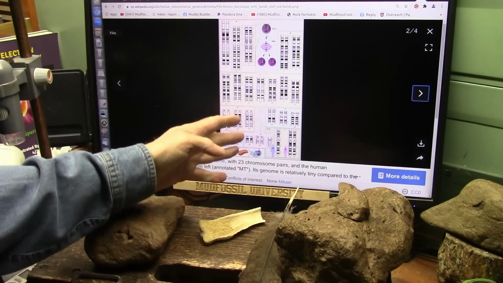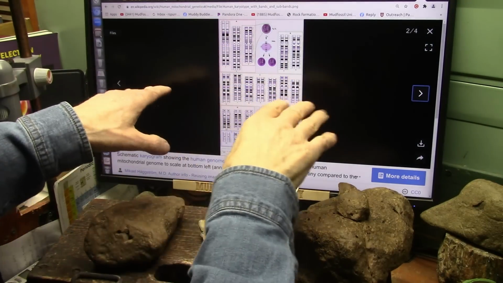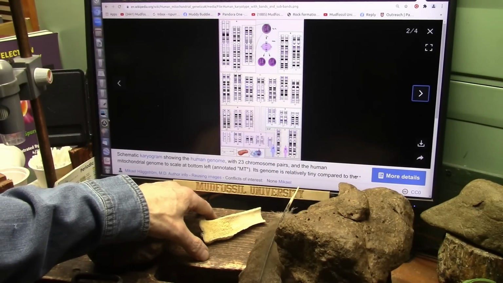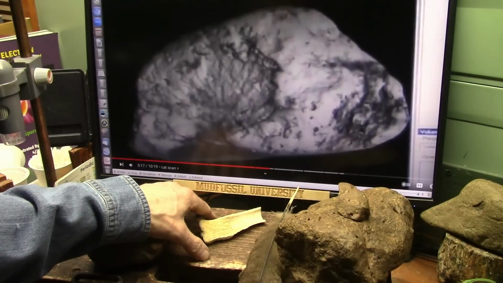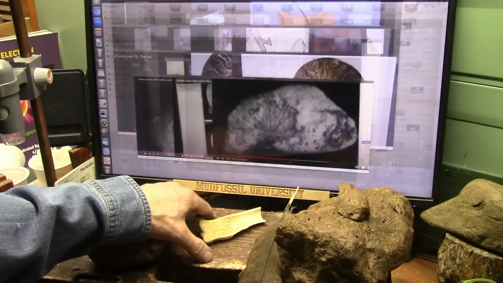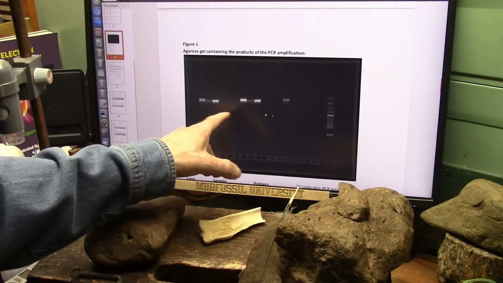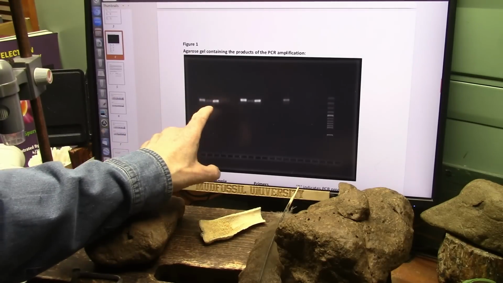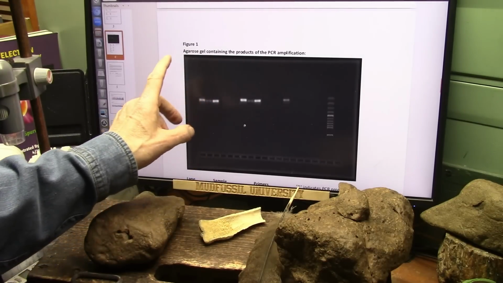This is how they test for these different amino acids in the sequences that they're in. Precisely what mine was. This here. Now, this is the D loop, and hold on.